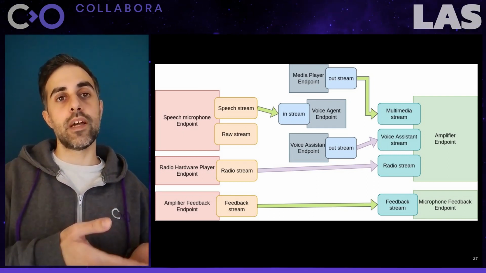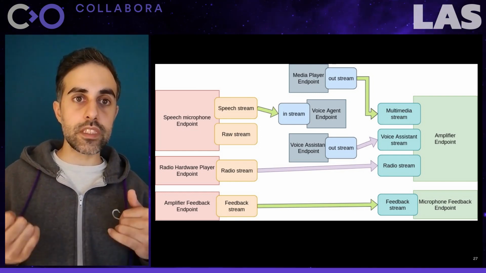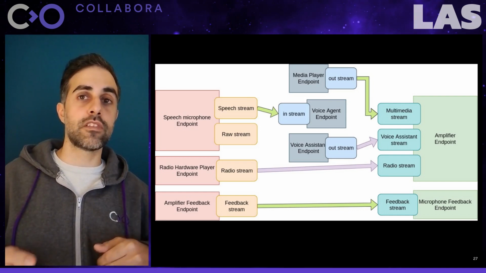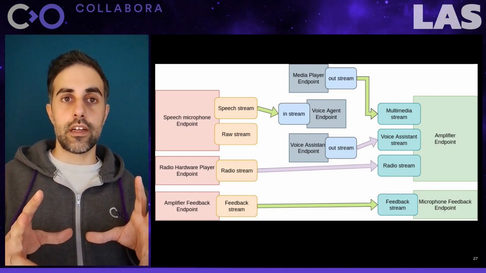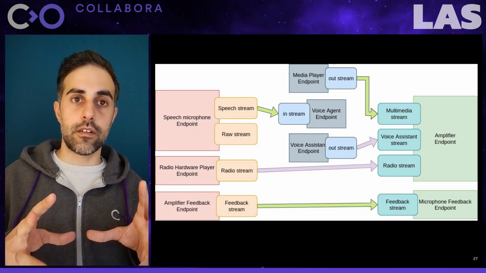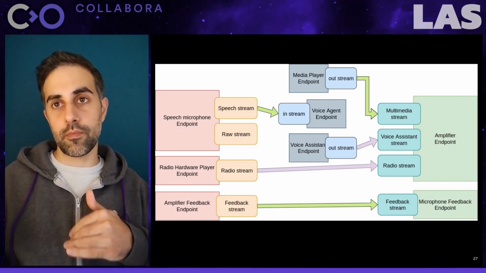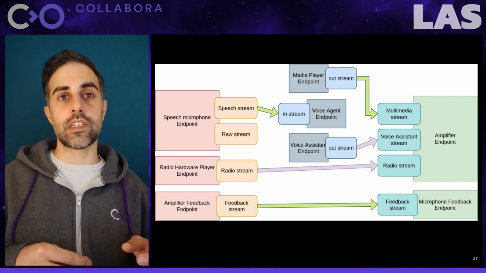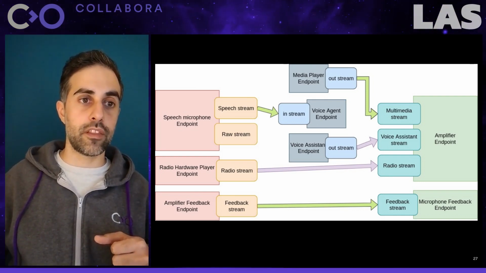So the media player connects to the multimedia use case, the voice assistant connects to the voice assistant use case, and so on. And then the endpoint object has some internal mechanisms, going through the policy control, to figure out what to do with these streams based on the use case that they have been opened with.